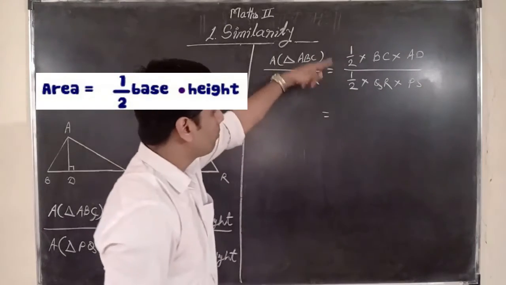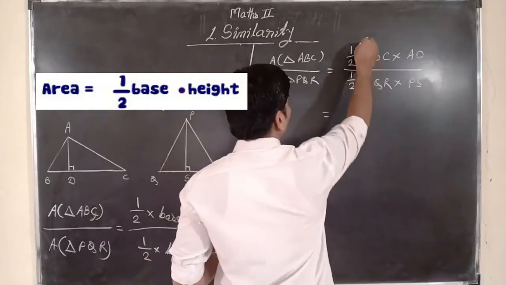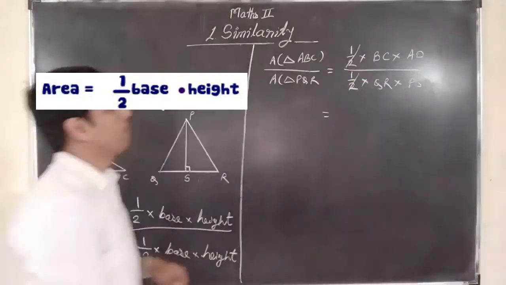So here 1 by 2 is common in both cases, so 1 by 2 will get cancelled with 1 by 2.